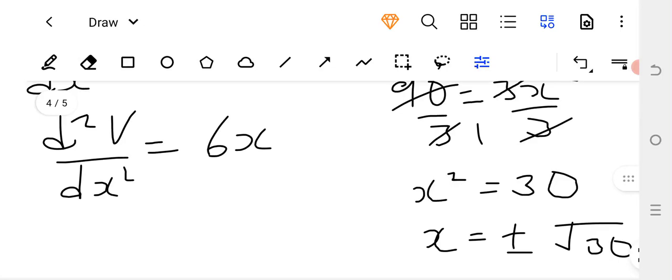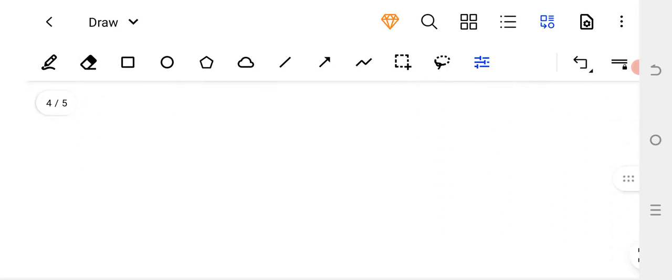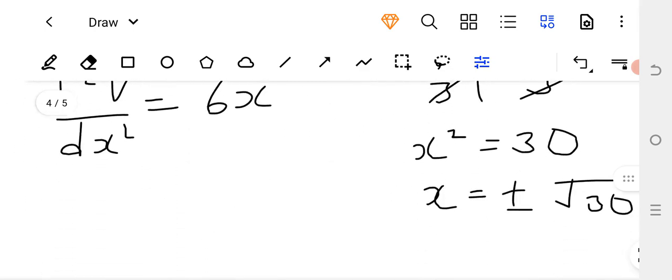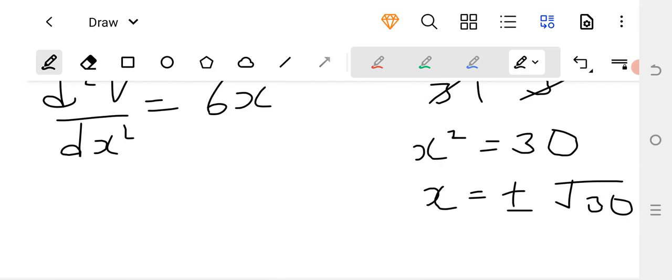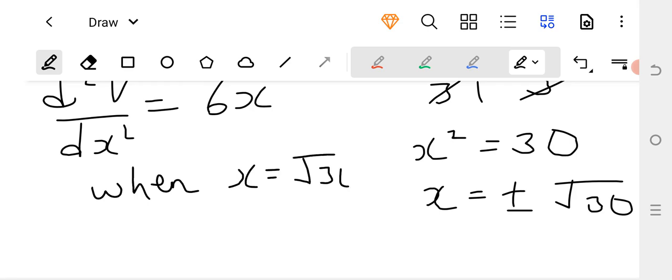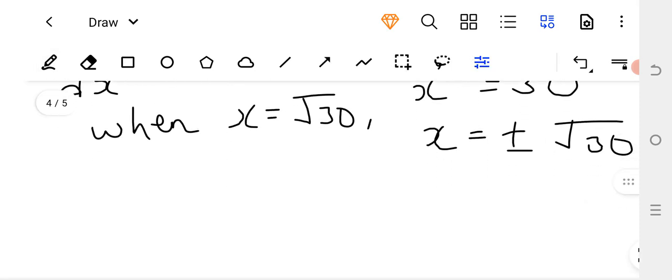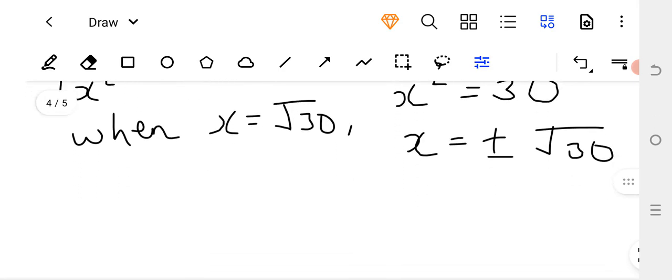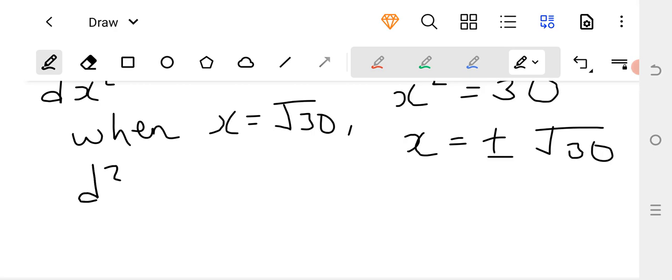I hope that makes sense. Of course, some of these things are really hard to understand. So what do we do? We write them out. What I mean is we're going to say that when x is equal to square root of 30, the d²V/dx² is equal to what?